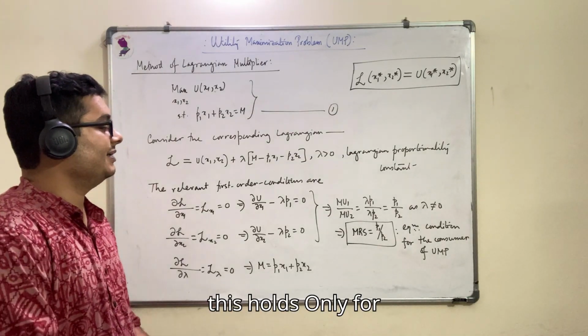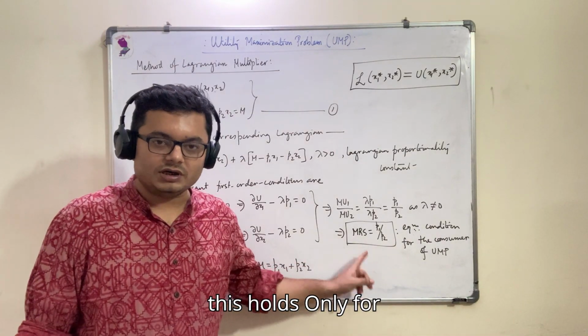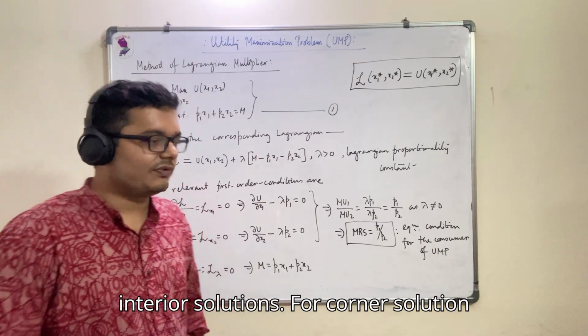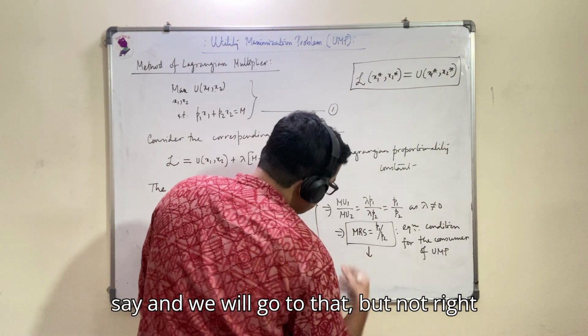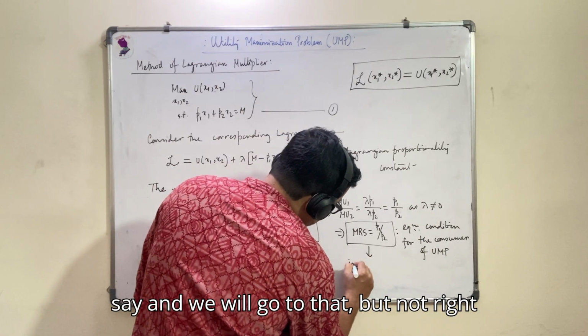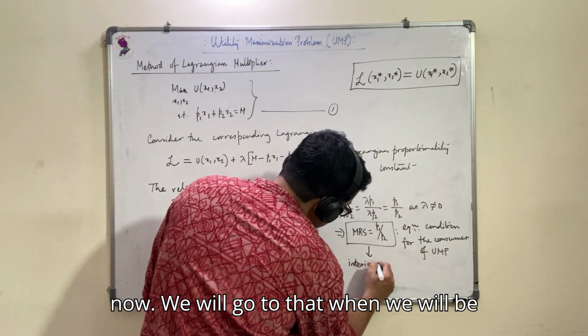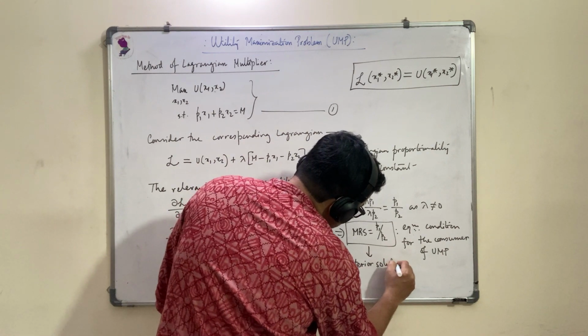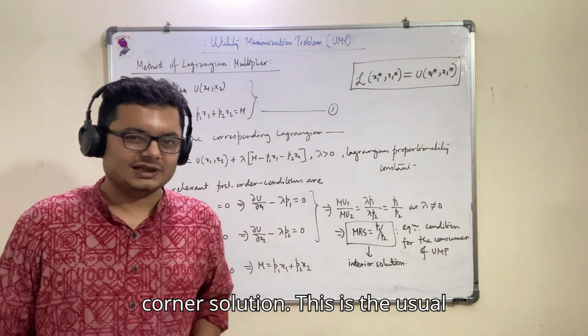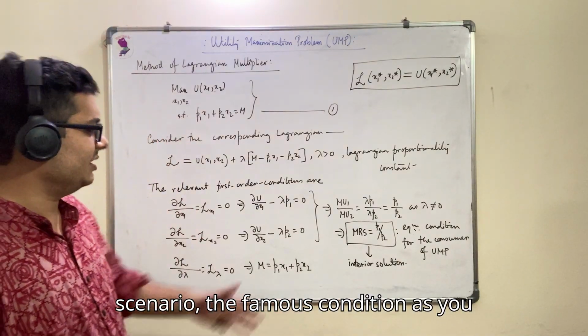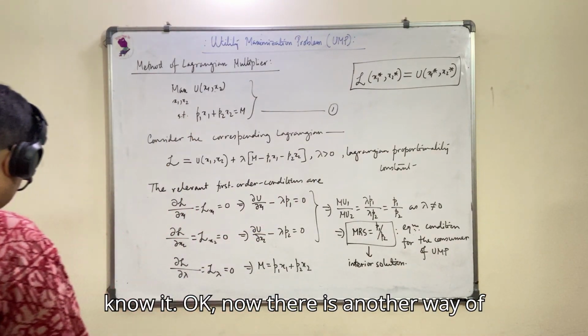Now this holds only for interior solutions. For corner solutions it changes, it's not an equality so to say, and we will go to that, but not right now. We will go to that when we will be dealing with problems where you do have corner solutions. This is the usual scenario, the famous condition as you know it.